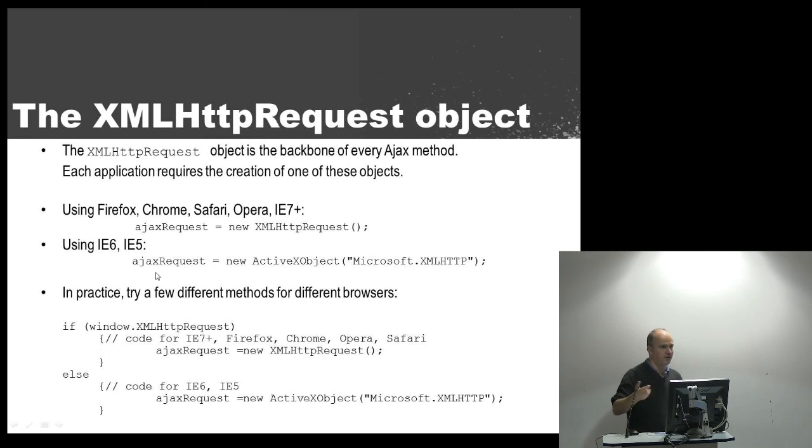For Internet Explorer, if you are using the others, you will use the other line. Typically, any Ajax code will start with this list of lines, which is going to say, okay, what kind of browser do I have? If I recognize the type, I will initialize this object one way or the other.